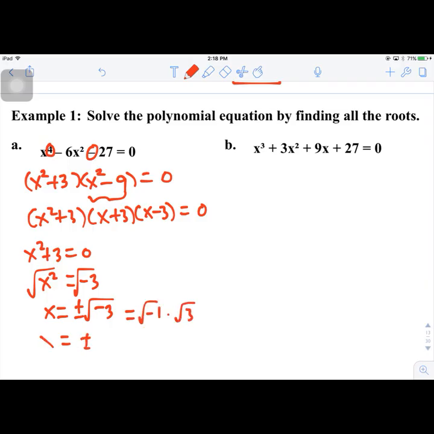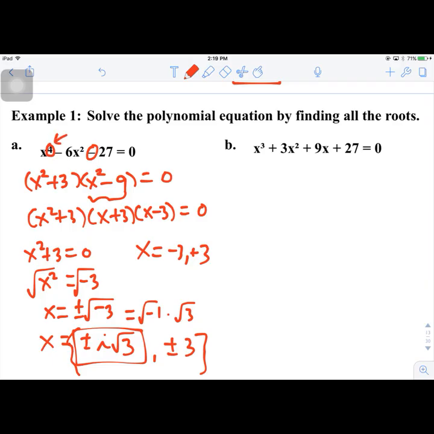That would give us x equals plus or minus i radical 3. And then the other zeros are going to be x equals -3 and +3. So to continue, the list is going to be plus or minus 3 as well. So you have 4 roots total because the polynomial has x to the 4th.